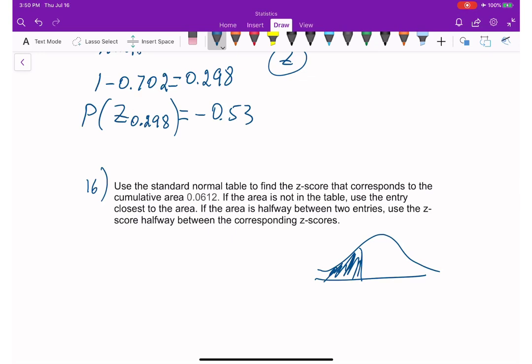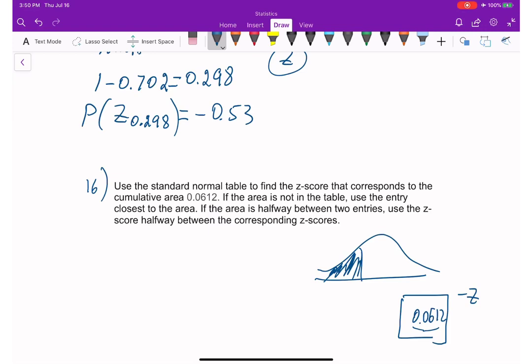Okay, if you go to the table, again, you need to find the closest number to 0.0612. Which table will you go to? Of course, you will go to the negative z-score table because you have 0.06, which is 6%. It's less than 50%, right? From 0 to 50%, the negative z-score serves. From 50 to 100%, the positive z-score serves.